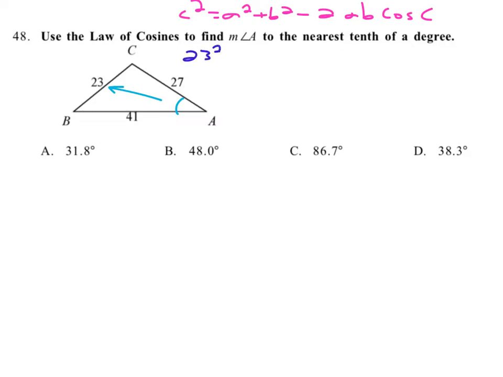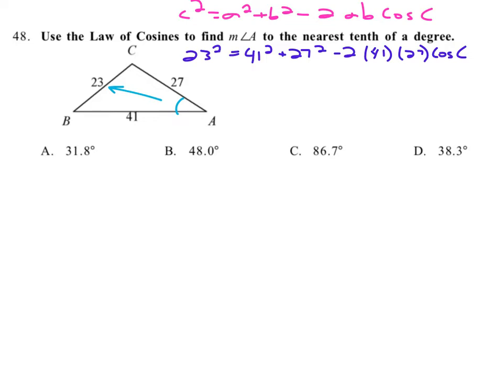So we will say 23 squared equals 41 squared plus 27 squared minus 2 times 41 times 27 times cosine C. Okay?